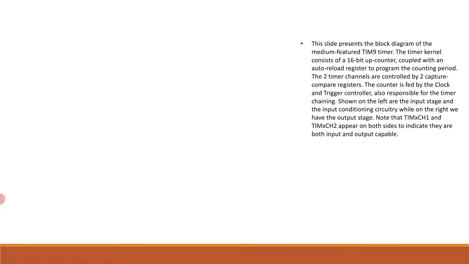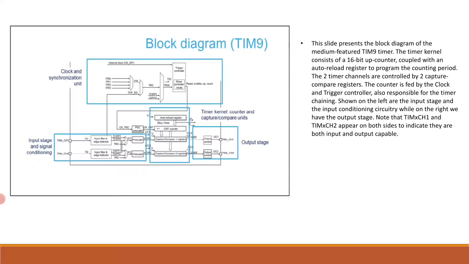The timer kernel consists of a 16-bit up counter coupled with an auto reload register to program the counting period. The two timer channels are controlled by two capture compare registers. You can see here in this diagram, the counter is fed by the clock and trigger control, also responsible for the timer chaining.